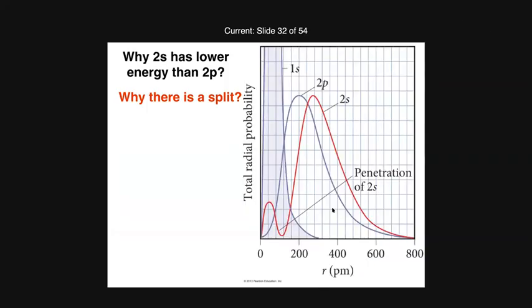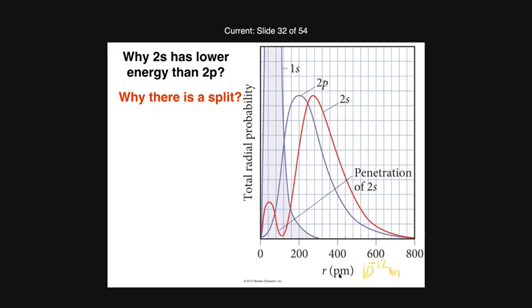So what is this penetration effect exactly? This is where you are going to start to see the split. This graph is plotted against the radius, R, which is measured in picometers, where a picometer equals 10 to the negative 12 meter.